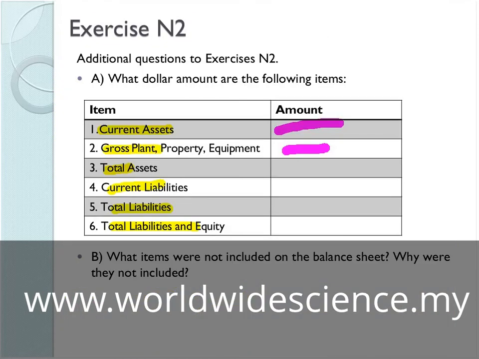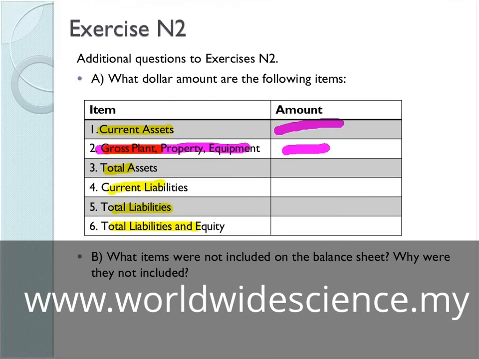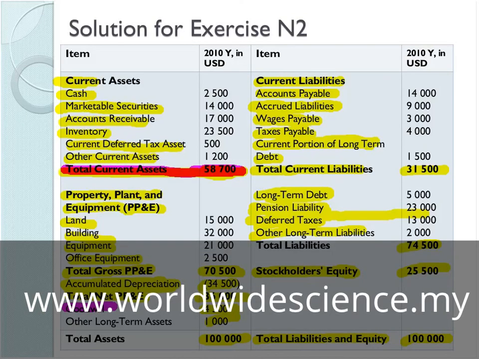Right, this is correct. The gross plant, property, and equipment is 70,500. Right? So let's go back to the balance sheet. Here is the one, total gross PP&E, property, plant, and equipment, 70,500, right?